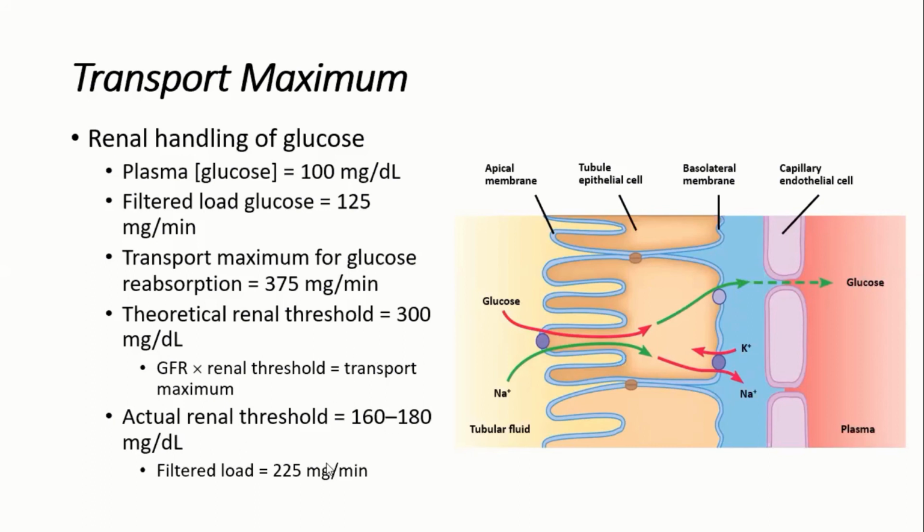So the actual renal threshold is lower, like 160 to 180, which gives us a filtered load of glucose actually at about 225 milligrams per minute. So we can see that that's lower than our transport maximum if we were able to fill all those proteins.